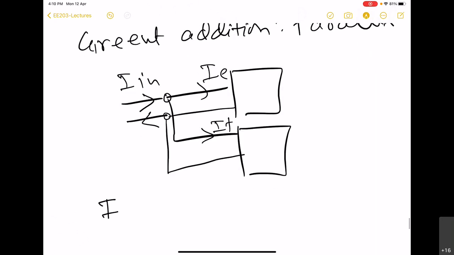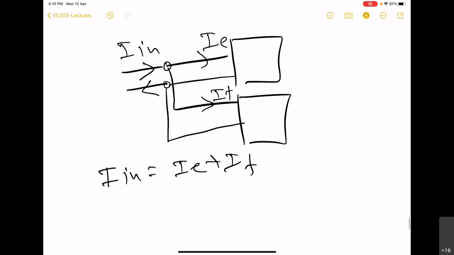Here you can see that I in is equal to IE plus IF. This implies IE is I in minus IF.